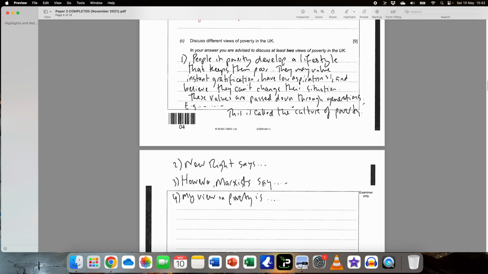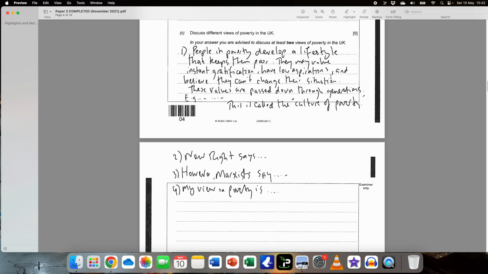So this isn't meant to be a very detailed answer. What it's looking for is 3 points, or in this case, 3 viewpoints. You explain them, and then you try and give an example, or you try to link it back to why that leads people into poverty.